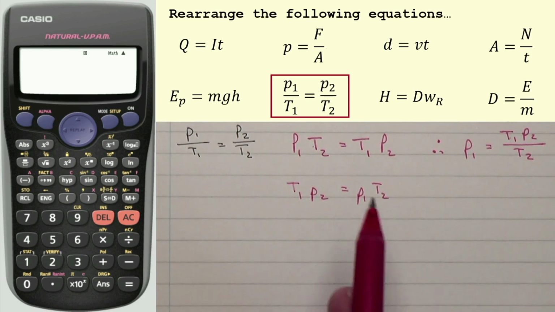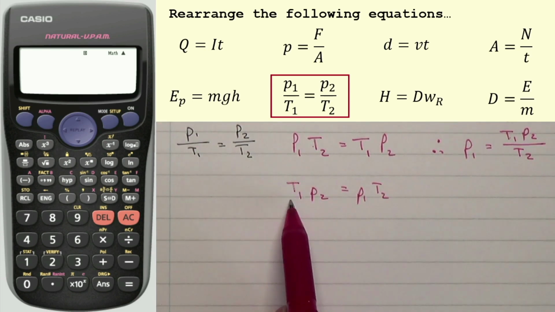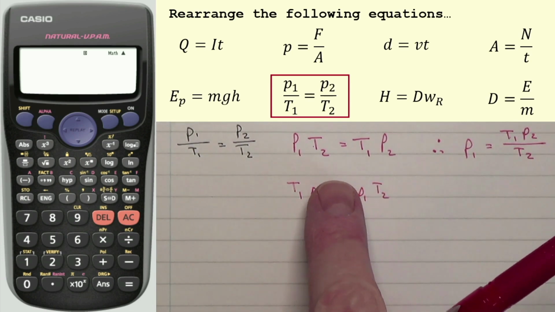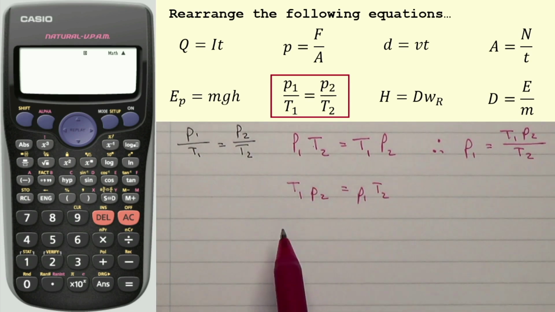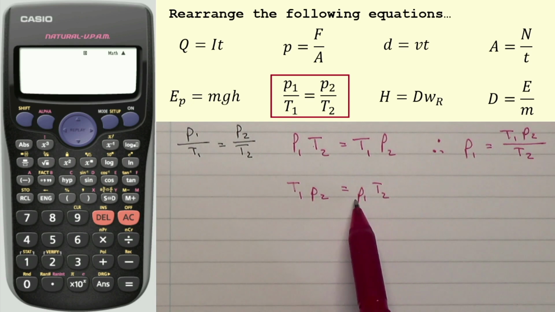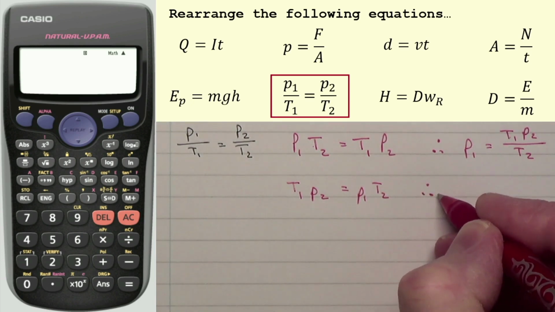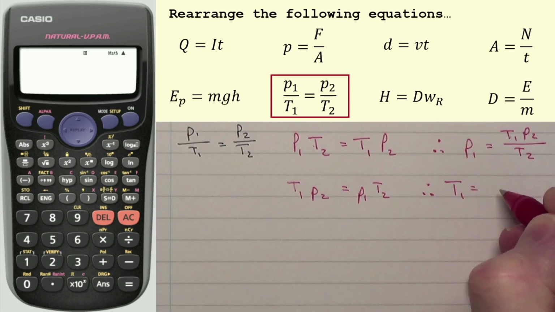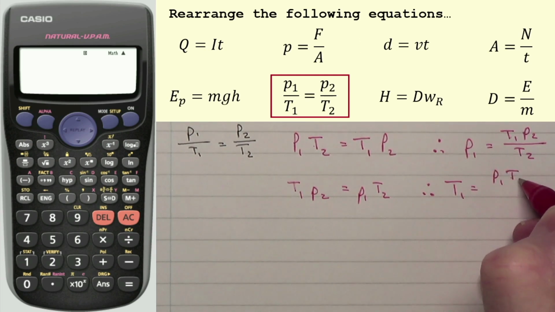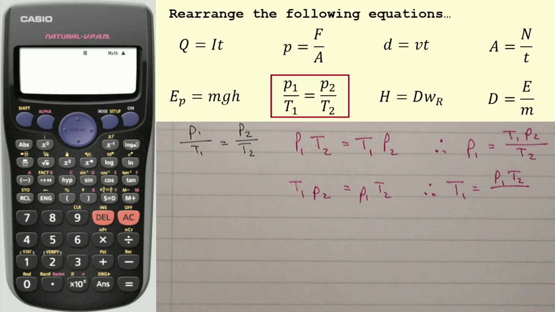Now, if I want, of course, T1 on its own, then at the moment it's being multiplied by P2. So I'll divide this side by P2, which means I need to divide this side by P2 as well. And that gives me, therefore, T1 is equal to P1 T2 over P2.